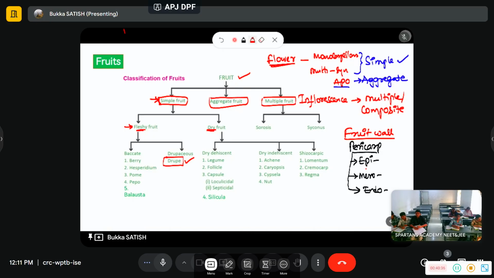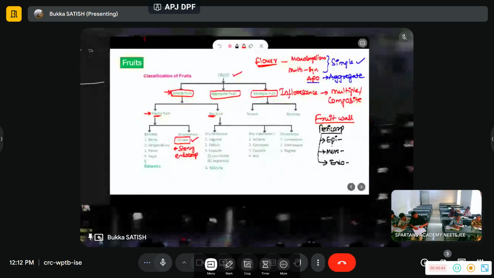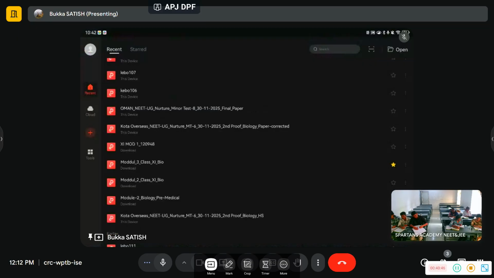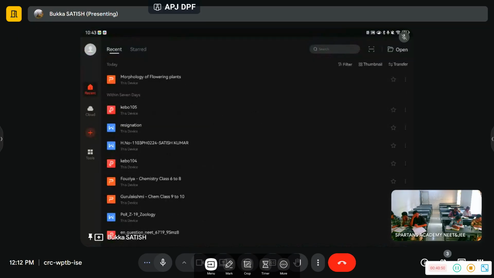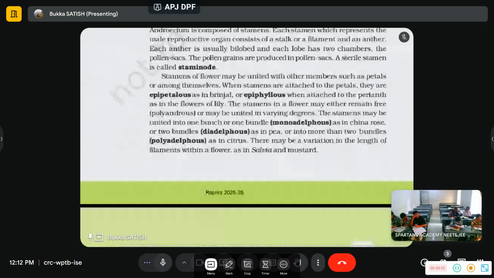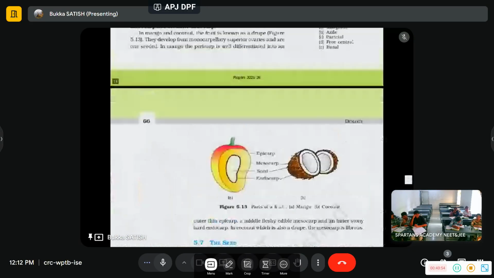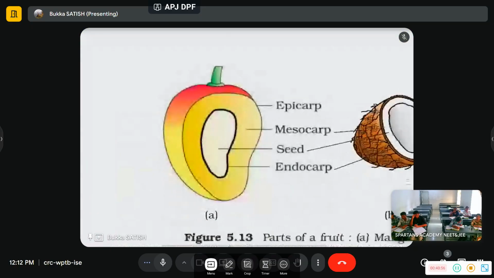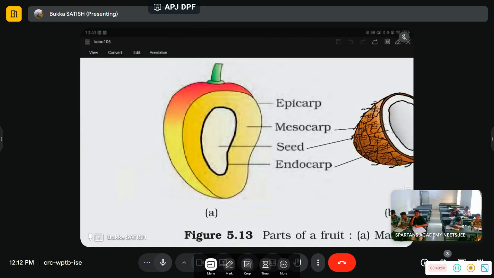The characteristic feature of this thing is stony endocarp. See this, mango, for example.